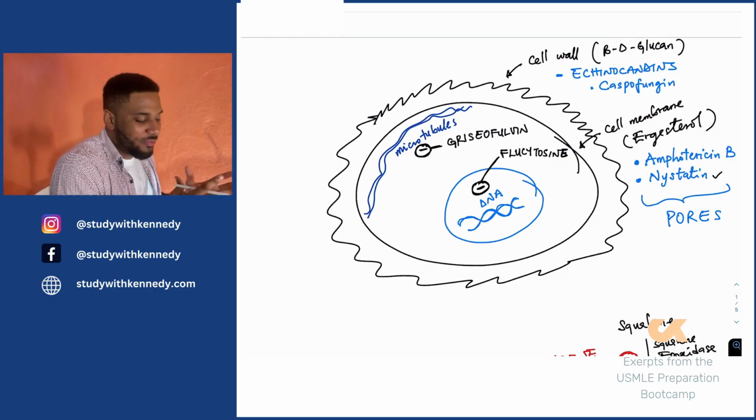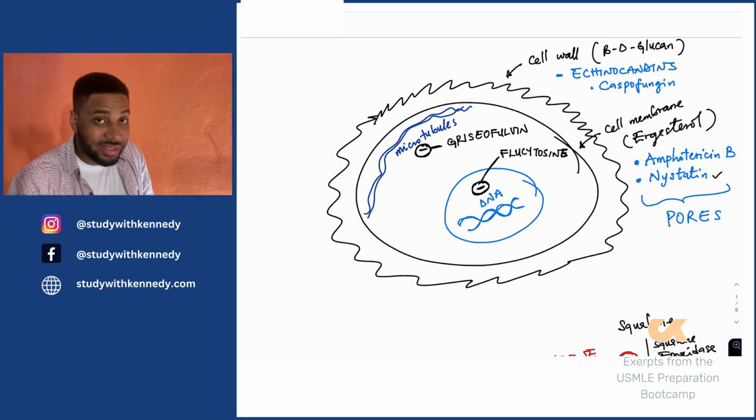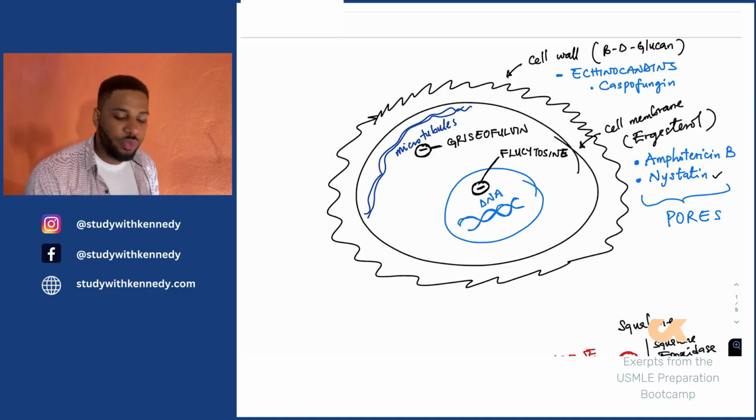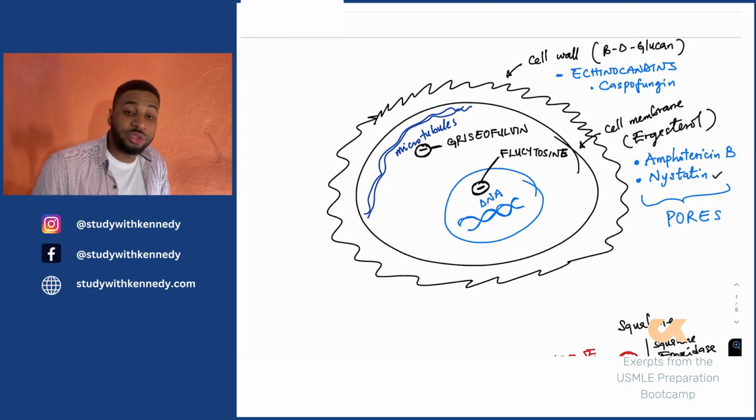We inhibited the fungal cell membrane synthesis with azole drugs, and with terbinafine, which was inhibiting squalene epoxidase. And then we inhibited the microtubules with griseofulvin. We inhibited the DNA with flucytosine. It's not a lot of drugs, and I think now you should be able to remember your antifungal drugs. Try to reproduce this diagram without looking at this, and then compare it to what you have, and I think you'll develop mastery of it easily.